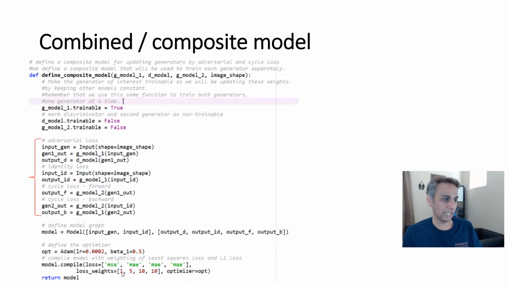So here we're weighting them 1 to 5 to 10 to 10. So these two, cycle loss forward and backward, get equal weightage. Our identity loss has half the weightage of our cycle loss. And then your adversarial loss is 1/10 of your cycle loss forward and backward. So that's what this is.